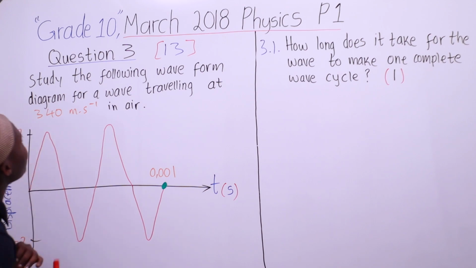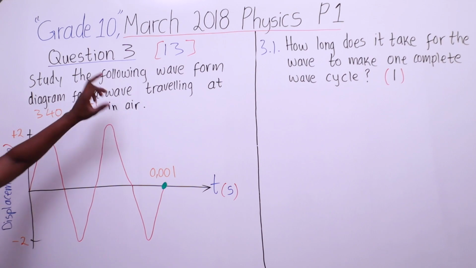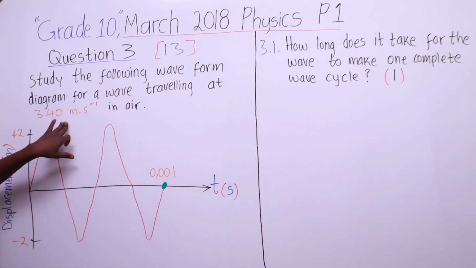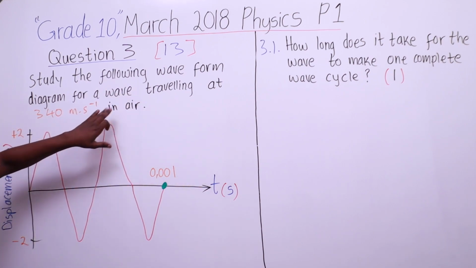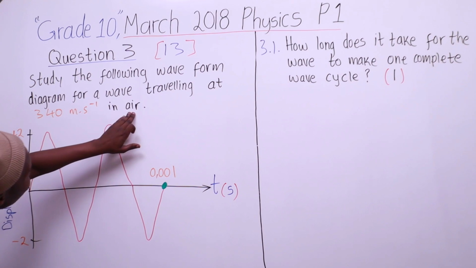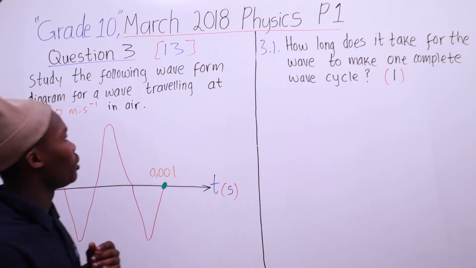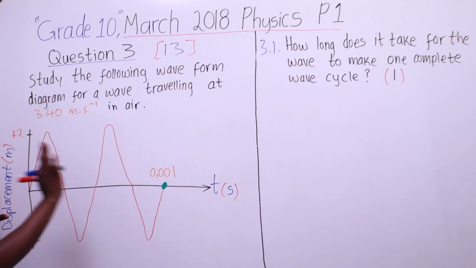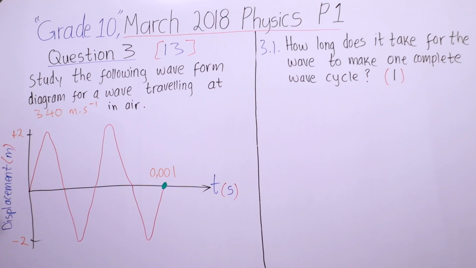Let's funde. Study the following waveform diagram for a wave traveling at 340 meters per second in air. Nasi speed sale wave sesiyasazi u340 meters per second. Na medium yale wave umoya. Okay. Asibukeni ngani diagram. We have a displacement ngala.